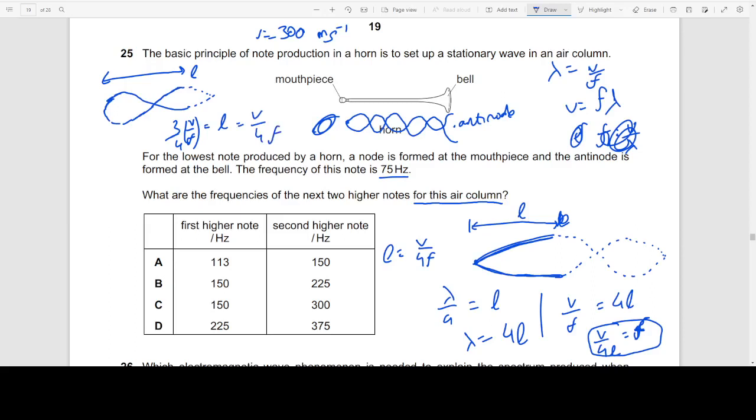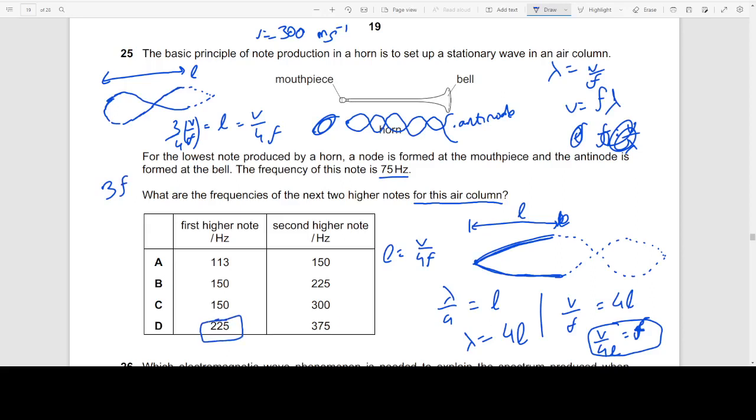So we have 3 times it, so we'll have 3 times the frequency, which means 3 into 75, which is 225 hertz, and by default D becomes our correct answer.